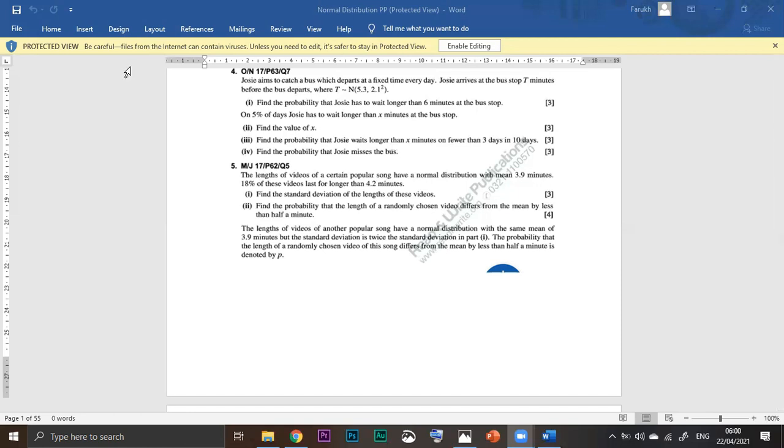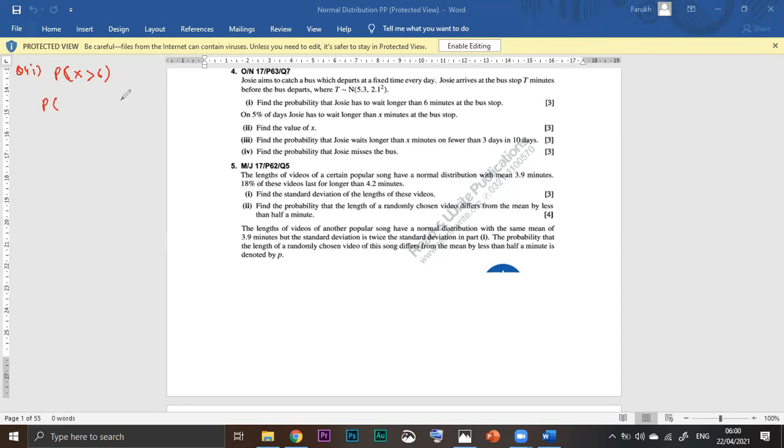Now this one is a question of normal distribution, and in part number 1 we want to find the probability that x is greater than 6. First of all, we will convert this one into z.